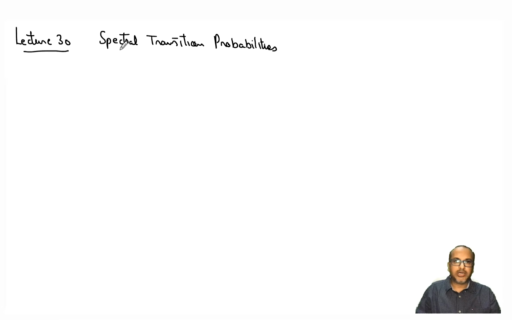So what is it? What is the meaning of this term? Let us first try to understand that. If we are trying to perform spectroscopy and we have two energy levels, let's say E1 and E2, and there is an energy difference between them, which is defined by nu.